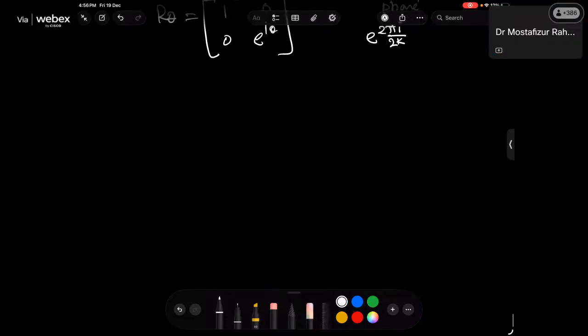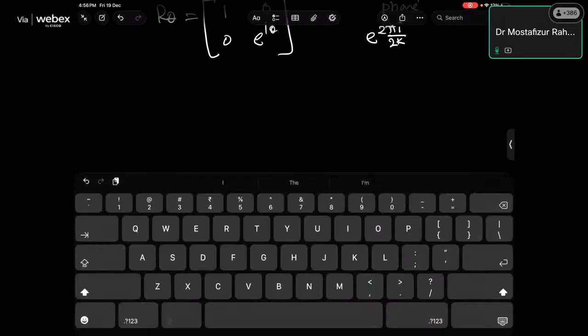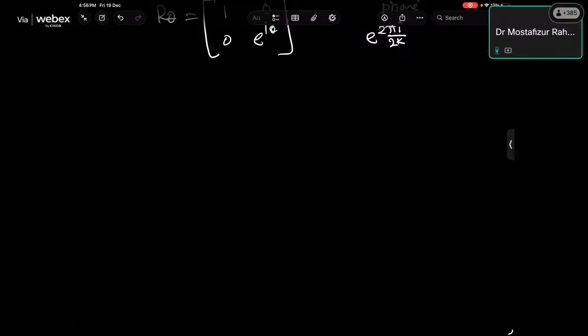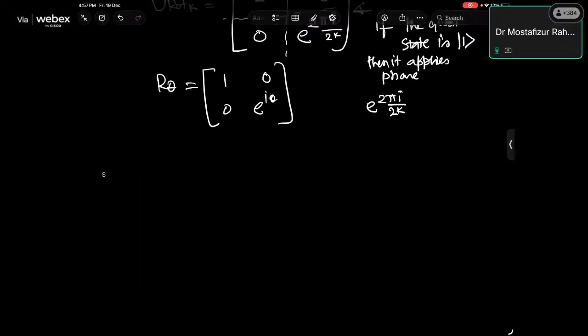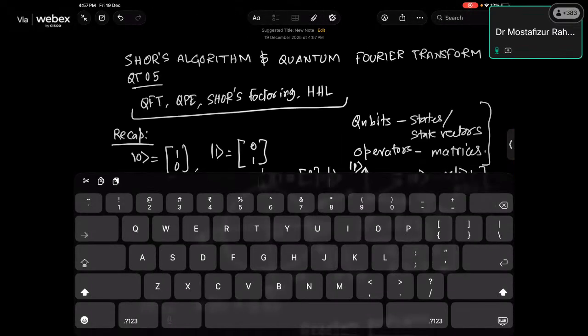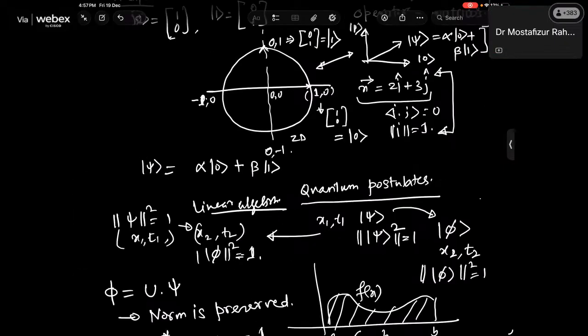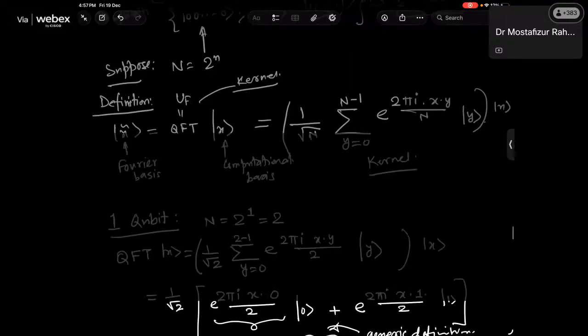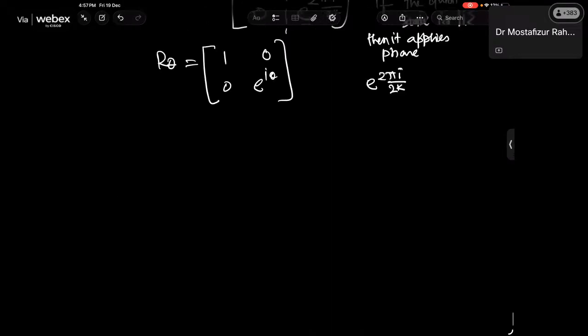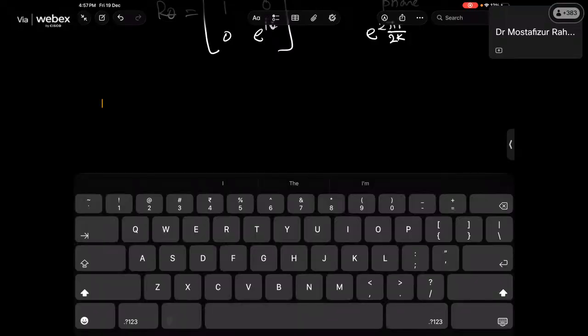So if you see the picture, actual Qiskit implements in a reverse way, for various reasons. Let me show it.